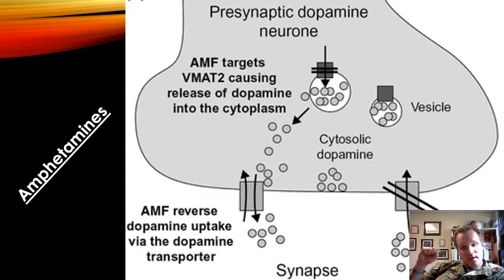So not just the normal route of dopamine release with fusion of the vesicle with the nerve membrane dumping the neurotransmitter into the synapse, but an actual change in the direction of the transporter because the concentration gradient has been shifted. So it is believed that this phenomenon accounts for the increase in addictive properties associated with amphetamine products.